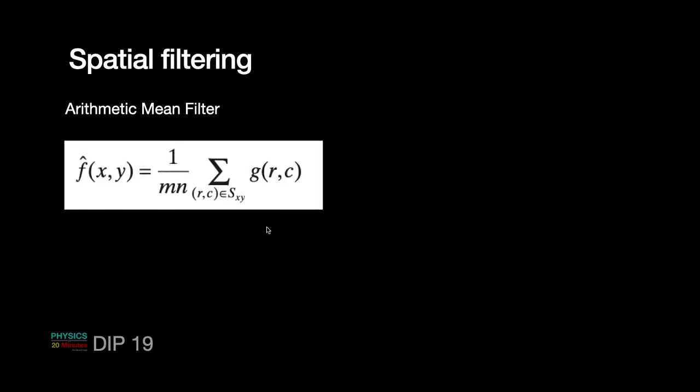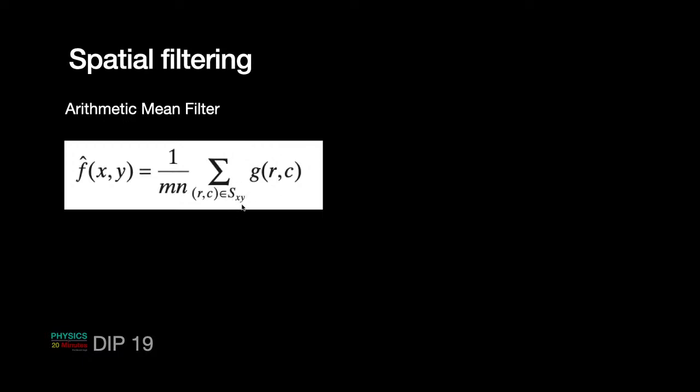In a mathematical process, I can write it in this manner. So what do the terms in this equation mean? Sxy is a small neighborhood, a small region in the image where I'm applying this spatial filter. g of r,c is a particular pixel value in this small neighborhood.